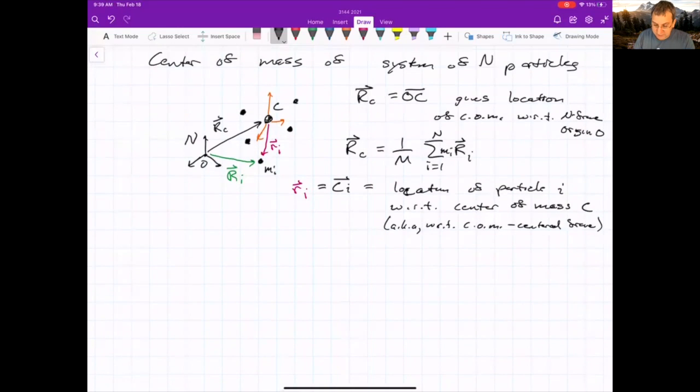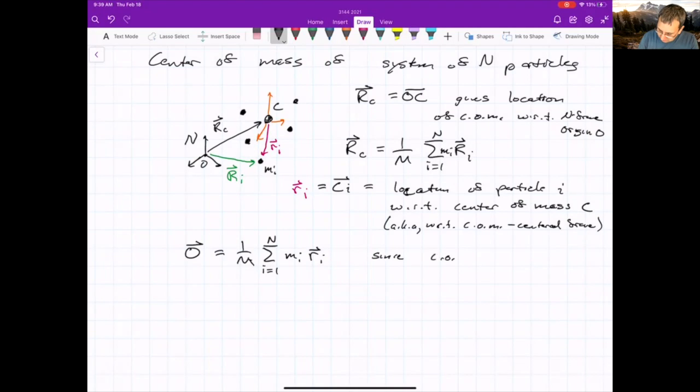Now, the key thing here is if we were to write the location of the center of mass using these little r's, so location of the center of mass with respect to the center of mass, what are we going to get? We're going to get that it's the origin. It's 0. So 0 equals 1 over M, sum from 1 to capital N, the number of particles, m_i r_i.